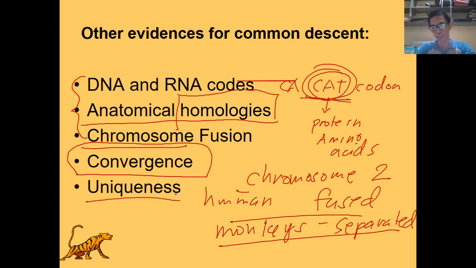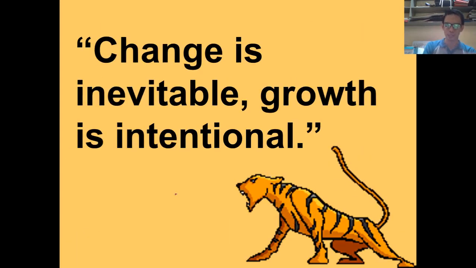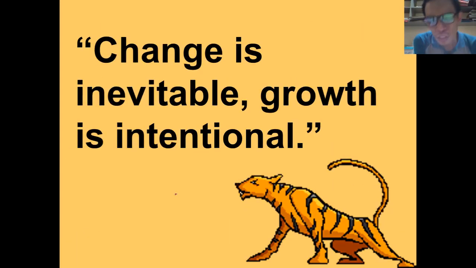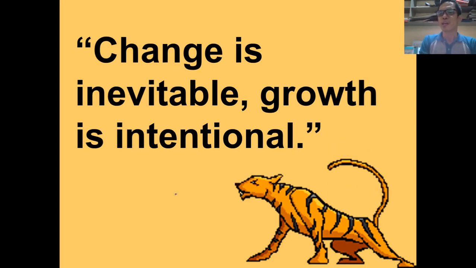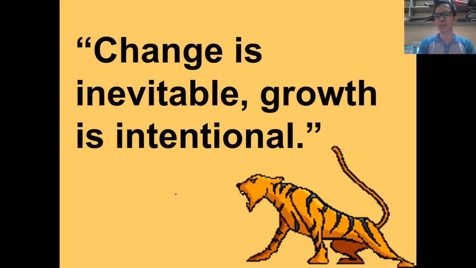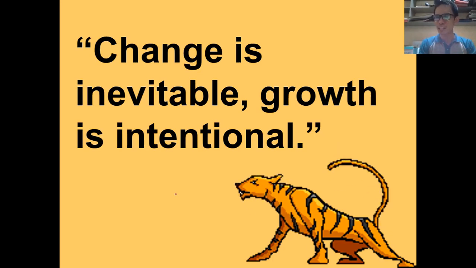So these are the evidences that the common descent theory by Charles Darwin is somehow consistent in some ways.